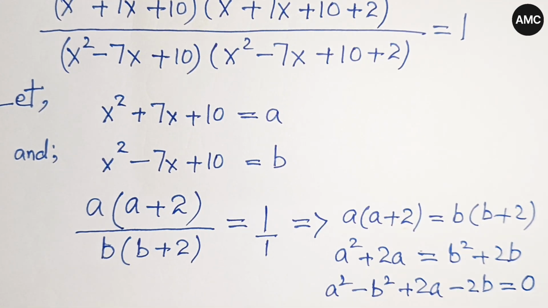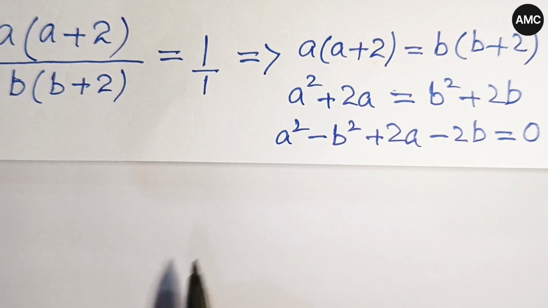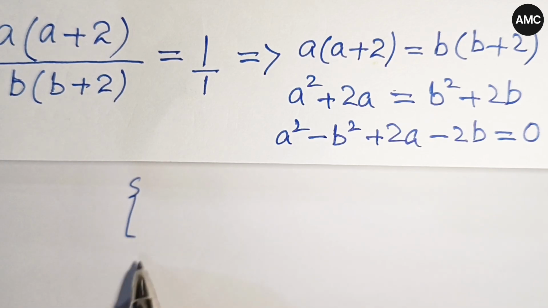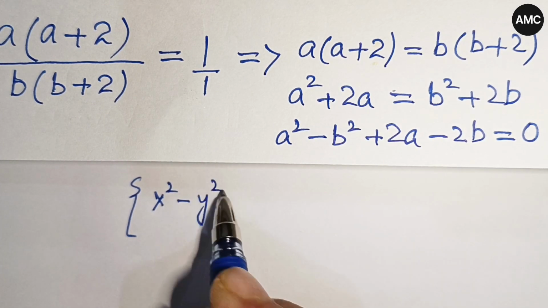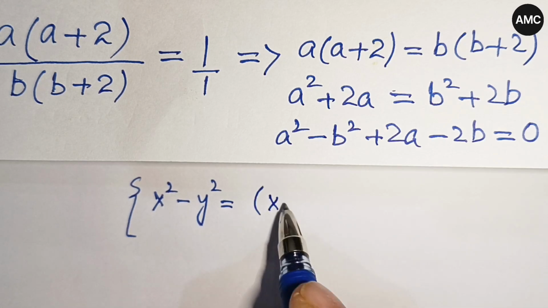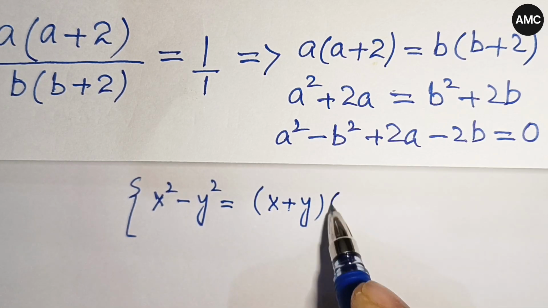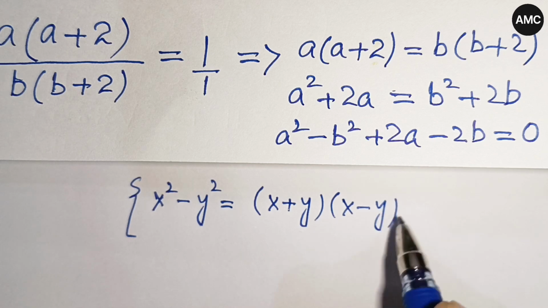Now our next step, for a squared minus b squared, as we know by algebraic identity, x squared minus y squared is equal to x plus y times x minus y.